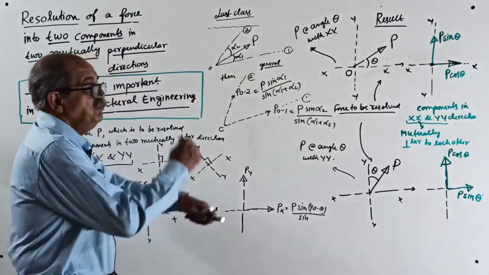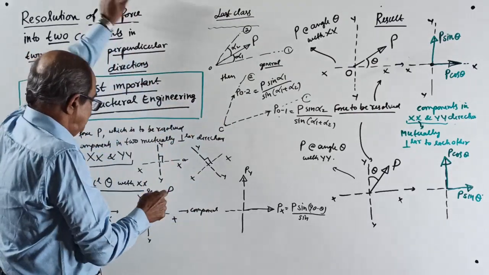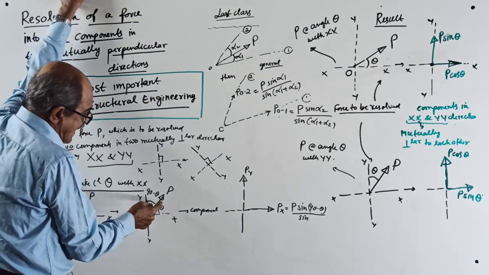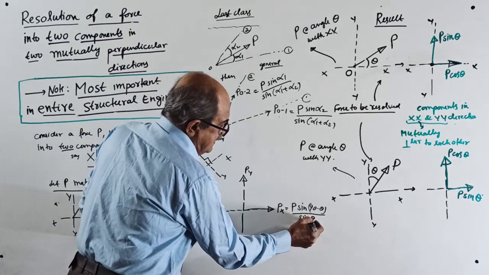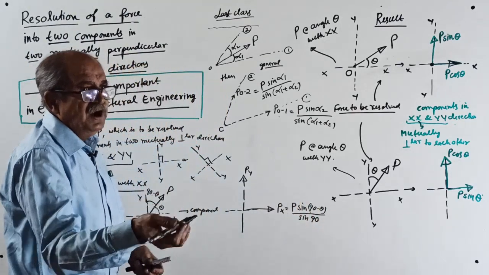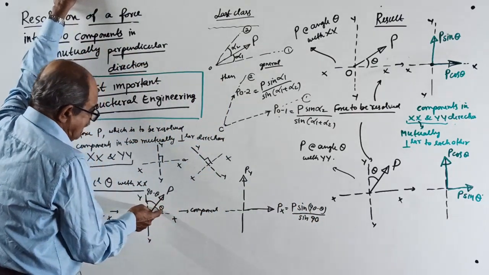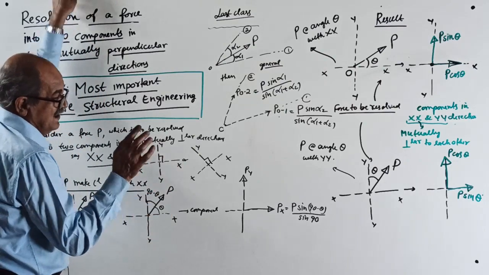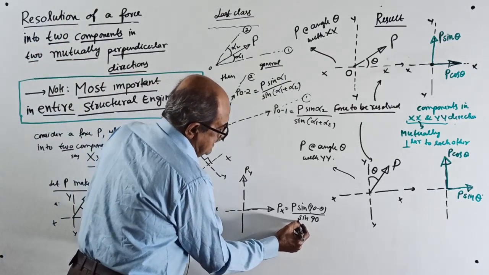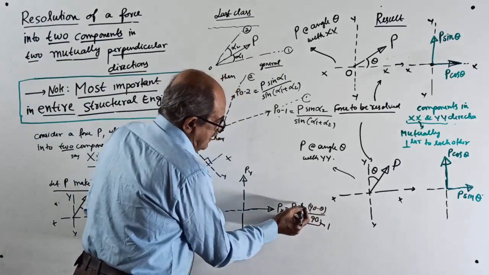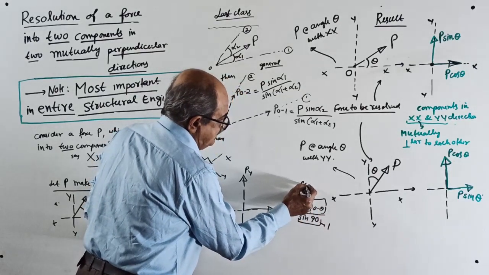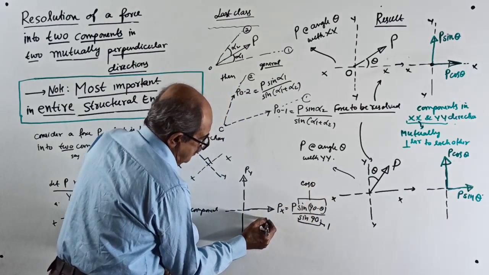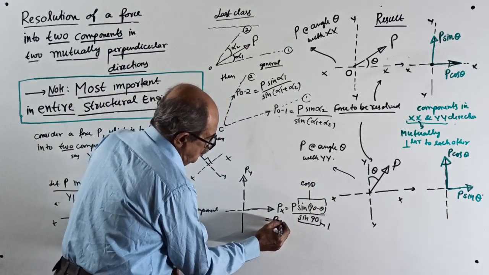Sir, you told they are mutually perpendicular. Since the total is 90, if it is theta and 90 minus theta, directly write sine 90. Those who want can write sine of theta plus 90 minus theta. You know that sine 90 is 1, and also you know that sine of 90 minus theta is cos theta. So this will become P into cos theta.